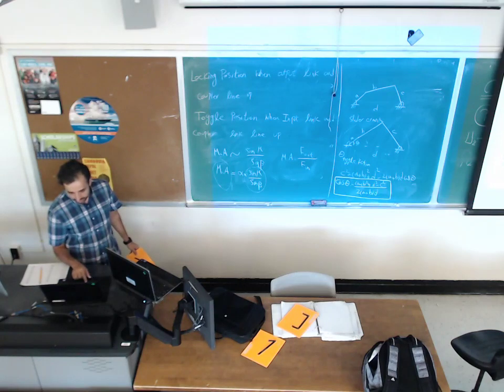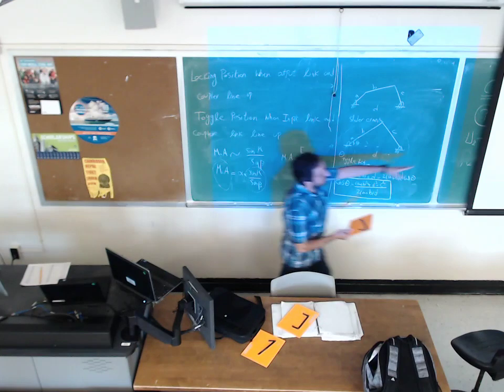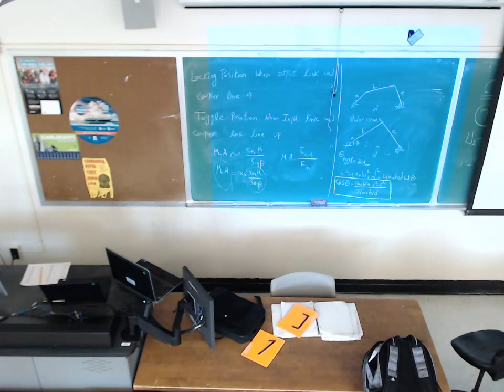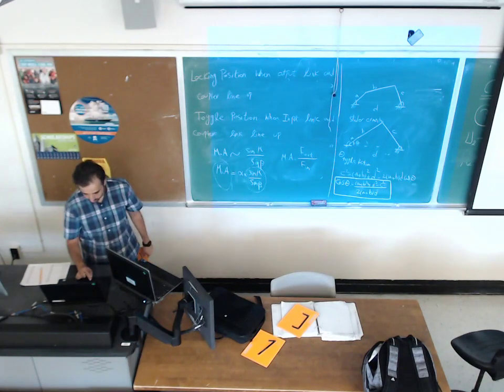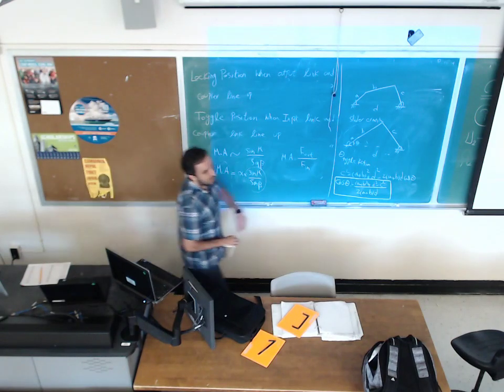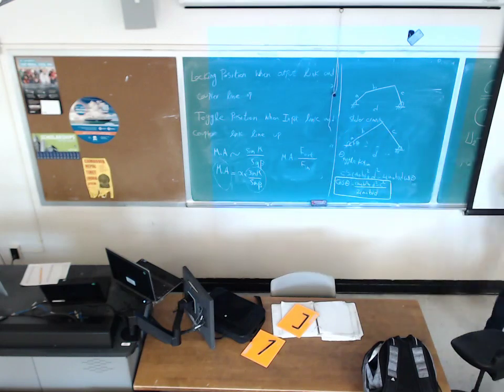So if you look at this 4-bar mechanism, this is a crank rocker. This is the toggle position. The input link is lined up with the coupler, but let it go. At this specific position also, these two line up. It's another toggle position based on the definition.